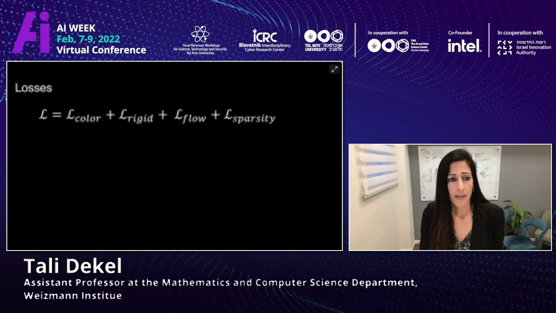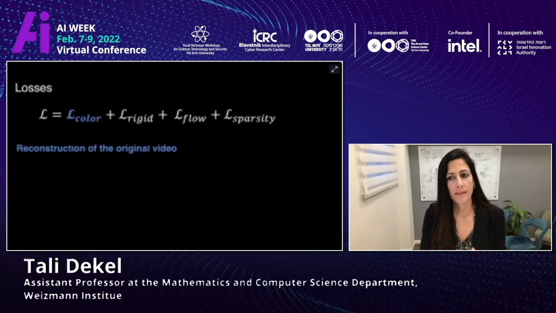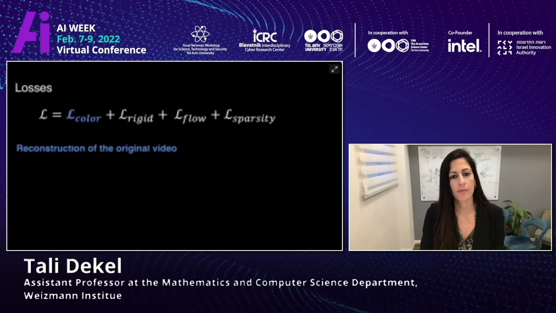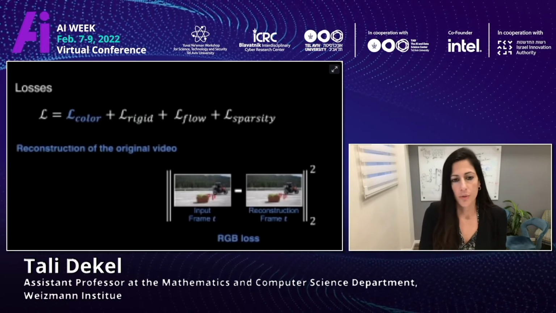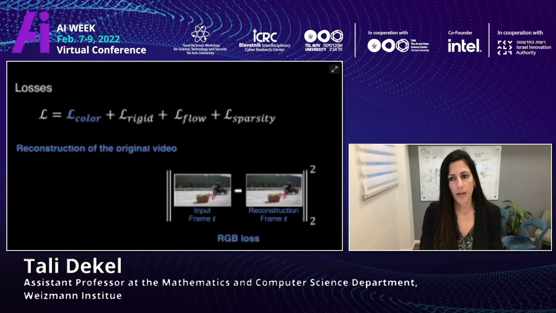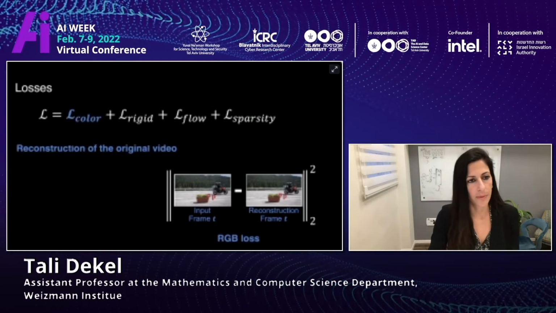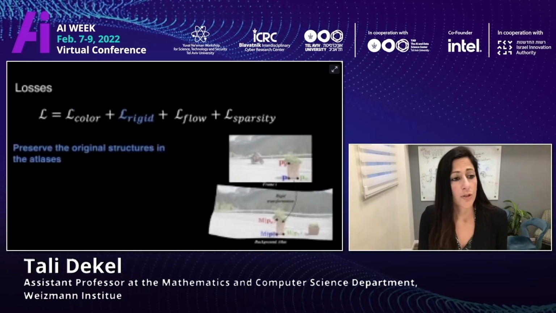As I mentioned, our main driving loss is a reconstruction loss. We want to be able to reconstruct the original video content from the atlases and mapping. And we achieve that using just a simple L2 loss between the original video colors and the ones we reconstruct through the representation.